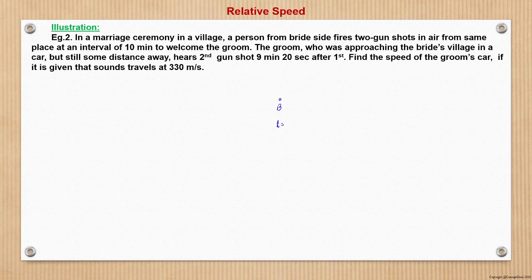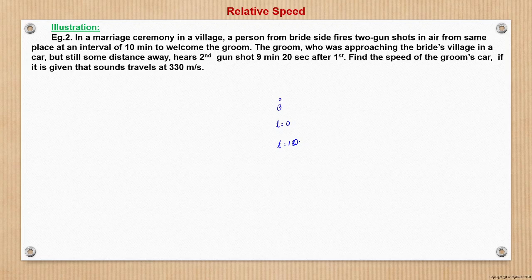Let the first gunshot be fired at t = 0. And the second gunshot they are firing after 10 minutes.